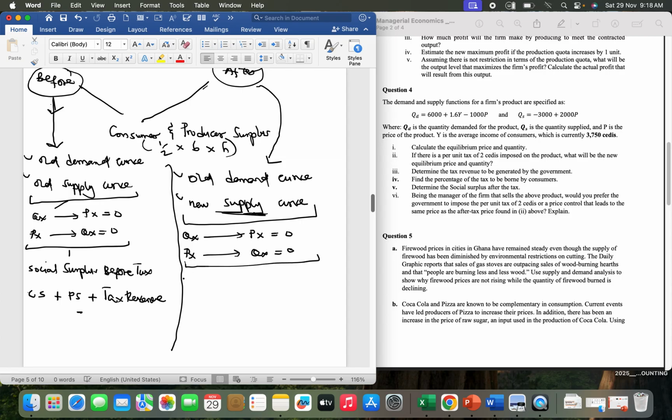Now after this, the social surplus after tax becomes the consumer surplus plus producer surplus plus tax revenue.